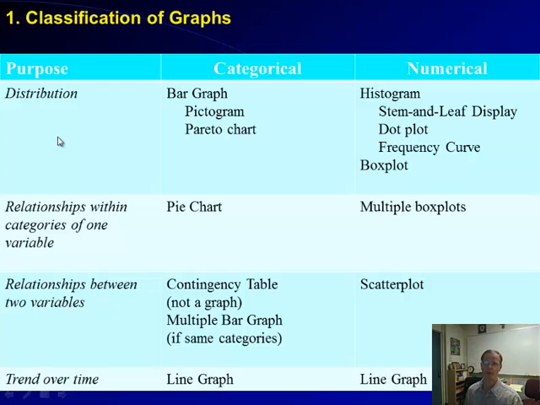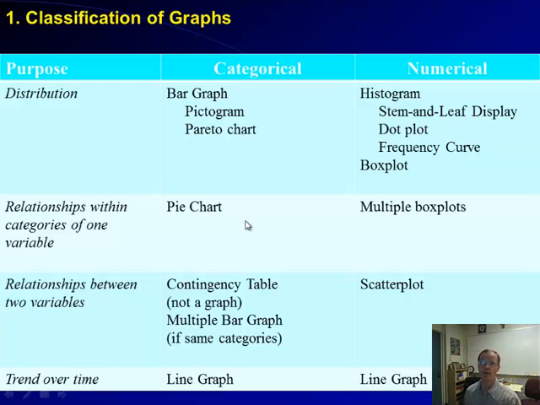How is it distributed? For categorical variables, bar graph is the way to go. For numeric variables, histogram is the way to go. Now, there are some subcategories of bar graphs and histograms, but those are the 2 chiefs. That's what you want if your purpose is to just see the data. That's why it's your initial display.